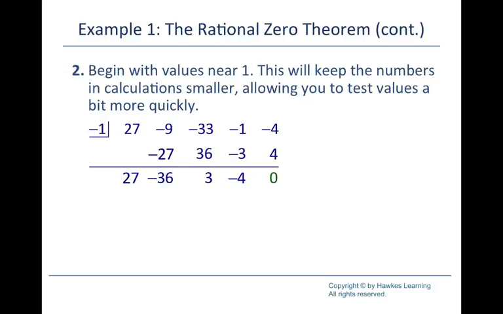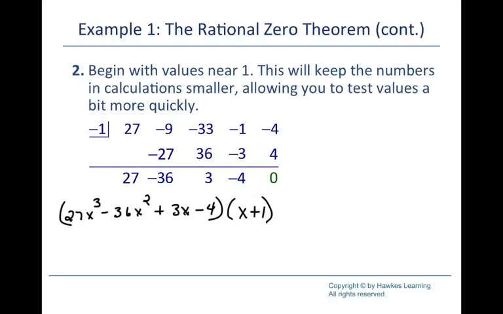So one of our factors is going to be x plus 1. Remember, when that is a zero, the factor is x plus 1. And so what I know now is I've got 27x cubed minus 36x squared plus 3x minus 4, and the one factor is x plus 1.